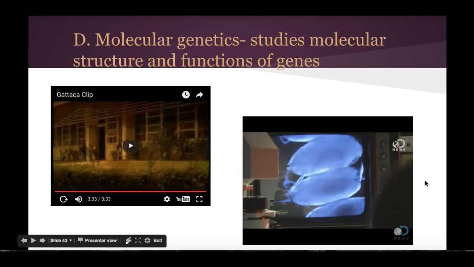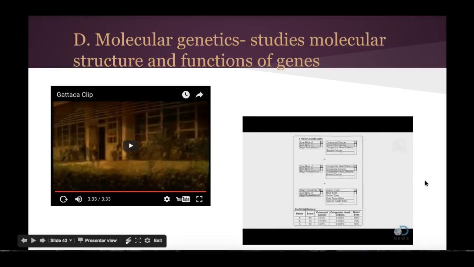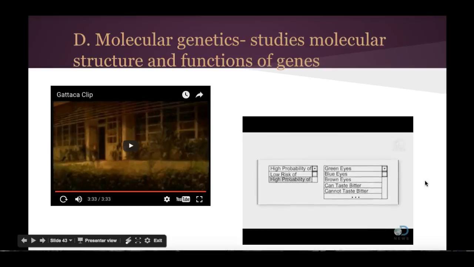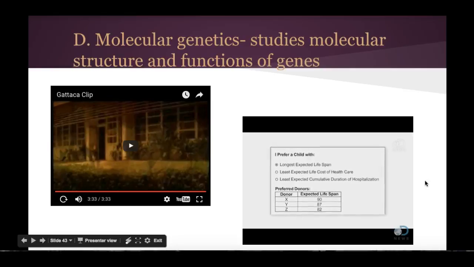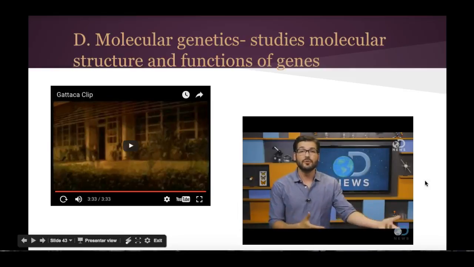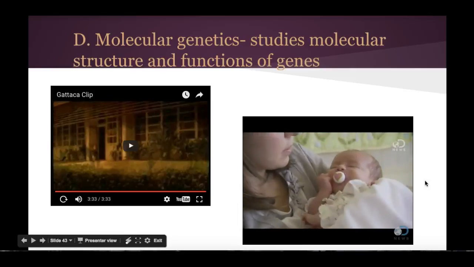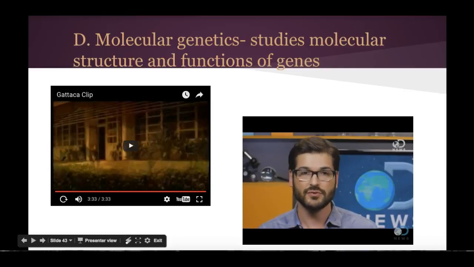The prospective mother gives her DNA, the DNA of potential donors is analyzed, and then you get a friendly little screen with a drop-down menu that lets you say things like, I want a baby with high probability of green eyes, or I would like the baby to have the longest possible lifespan, or a slightly shorter lifespan but less chance of serious illness. So you fill out the quiz, the computer picks the appropriate donor, and boom, you have your perfect baby. 23andMe states on their blog that they have no intention of pursuing the technology that far, but that doesn't mean they won't.